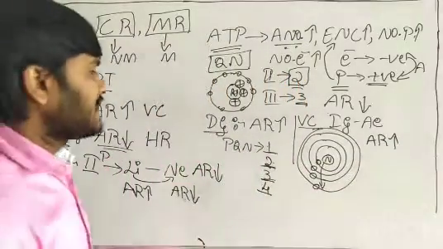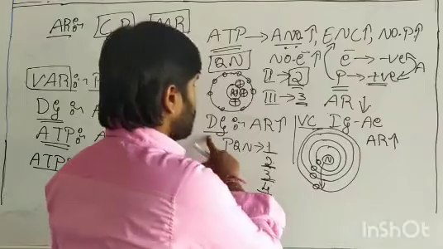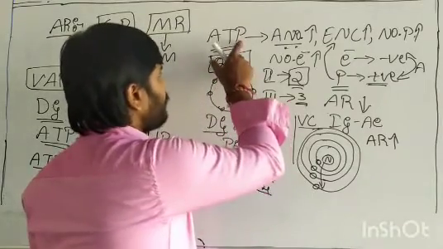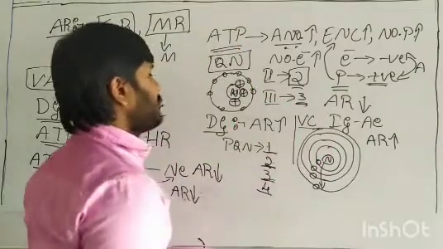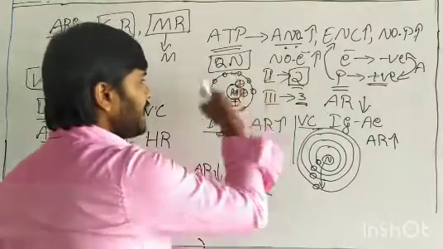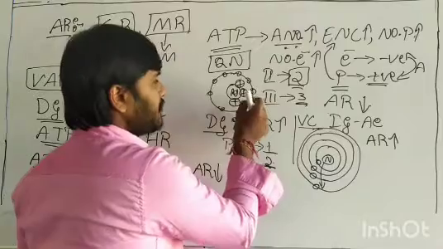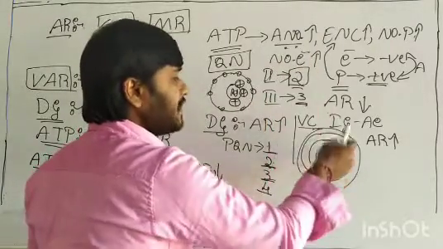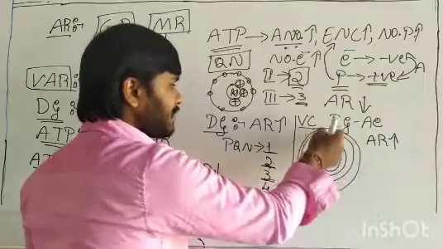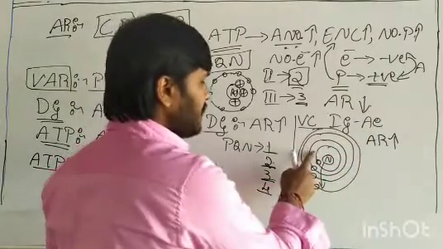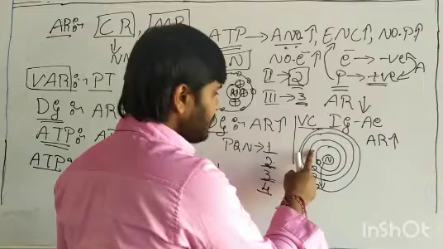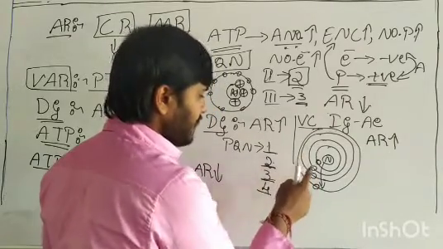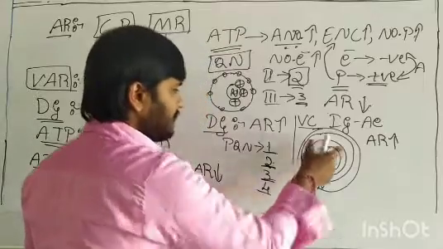This is the complete concept of how atomic radius increases down the group and decreases along the period. Along the period, we add electrons to the same orbit, whereas down the group we add orbits and an electron to that new orbit. 1 for hydrogen, 2 for lithium, 3 for sodium and 4 for potassium.